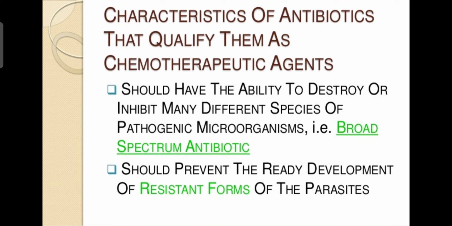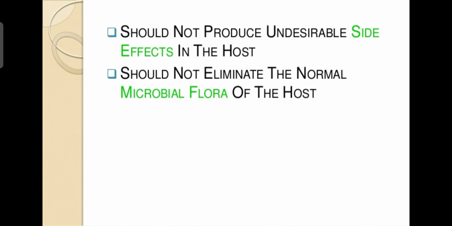Characteristics of antibiotics. It should have the ability to destroy or inhibit many different species of pathogenic microorganisms, that is, a broad spectrum antibiotic. It should prevent the ready development of resistant forms of the parasite. It should not produce undesirable side effects in the host, and it should not eliminate the normal microbial flora of the host.